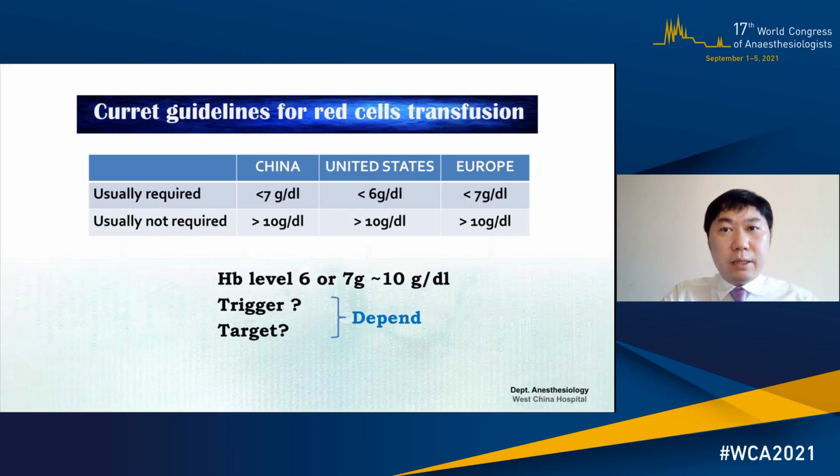Why? Indeed, all guidelines tell us we need to make a decision based on the patient's condition and a physician's own experiences. But these guidelines do not tell us how to objectively evaluate a patient's condition. So we have to make different subjective decisions based on our own experiences.